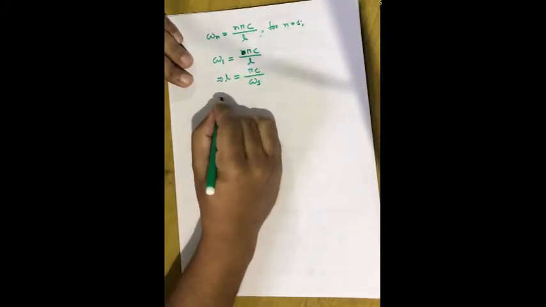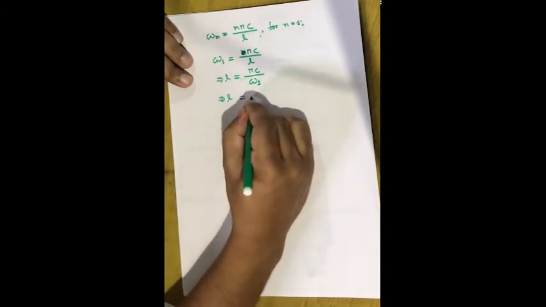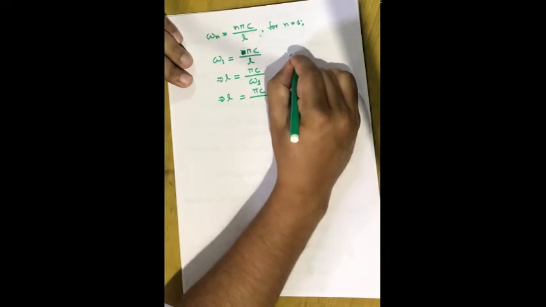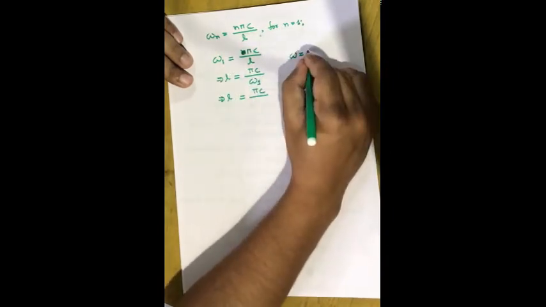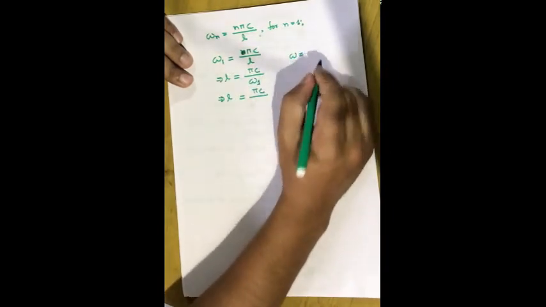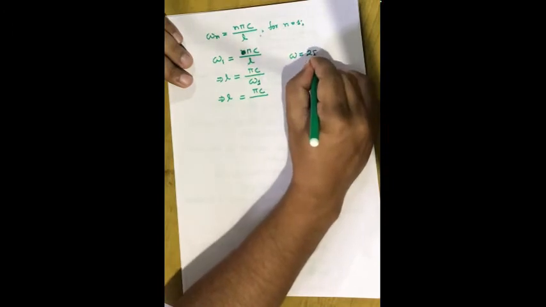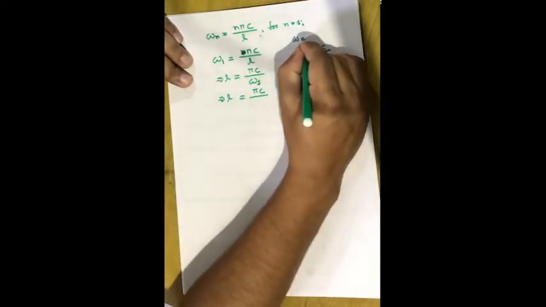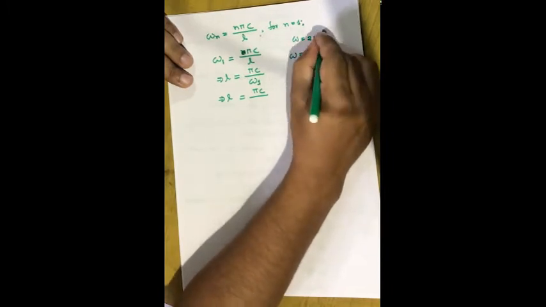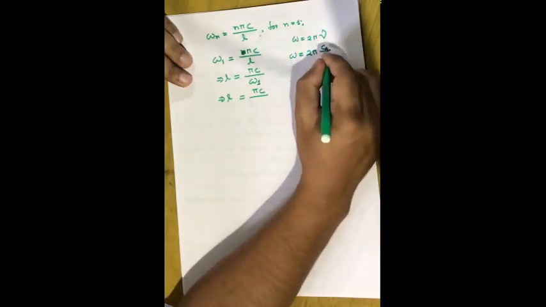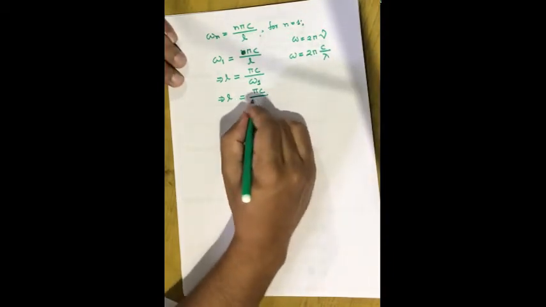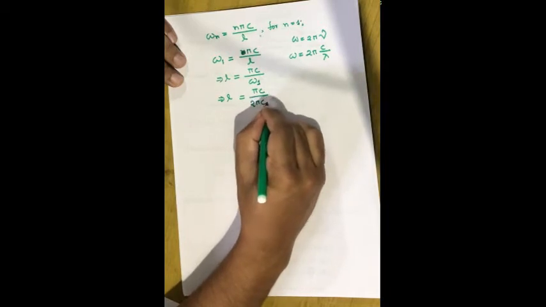So L is equal to pi c over omega, and we can express omega with twice pi c by lambda, right? Because omega is equal to twice pi nu, which is nothing but the velocity of the transverse wave divided by wavelength. So we can write twice pi c over lambda.